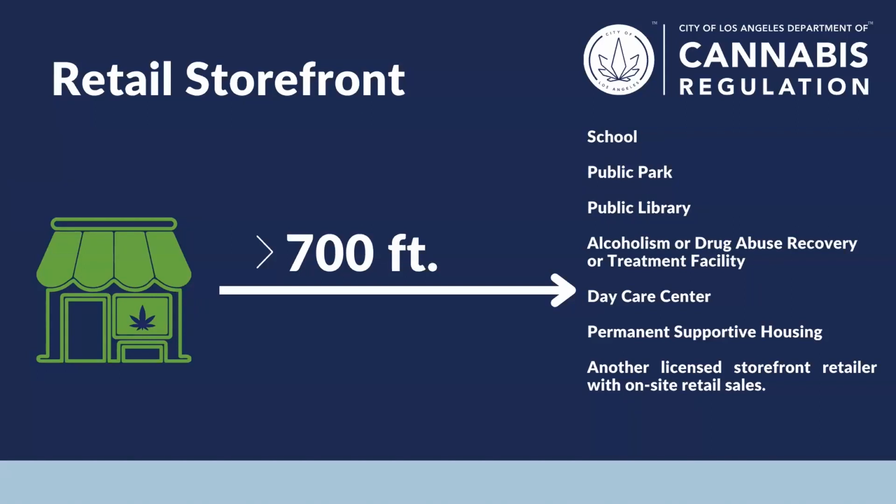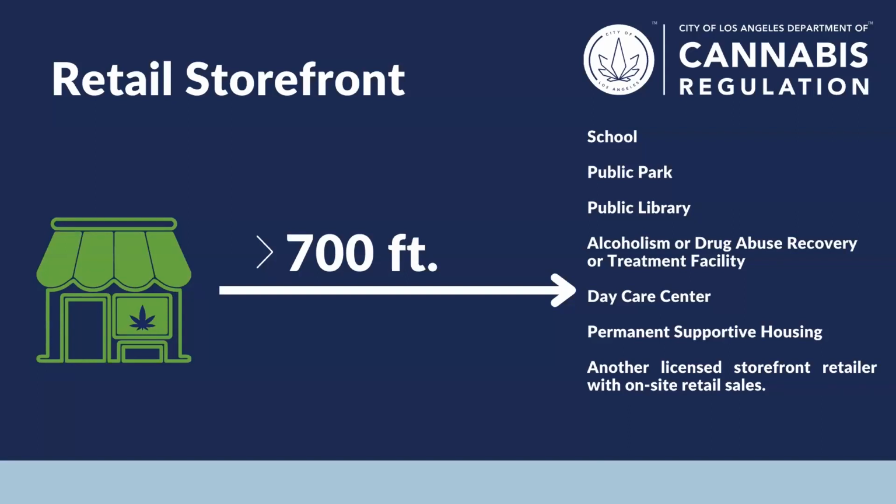In addition to being at least 700 feet away from those sensitive uses, the proposed location must also be 700 feet away from any other licensed retail storefront, licensee with on-site retail sales, or applicant for the retailer with on-site retail sales that has paid their temporary approval application fees or business premises relocation fees.